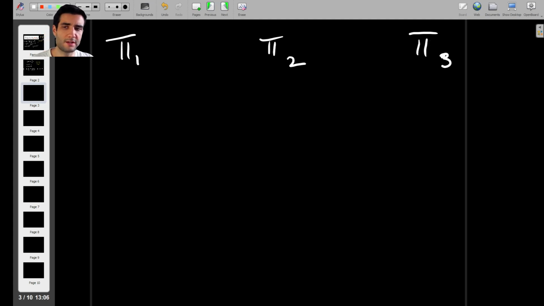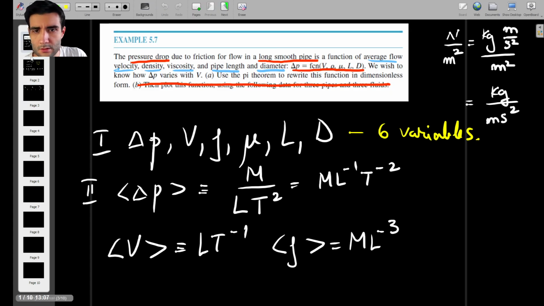So at this point, we just have to decide what we're going to include in each pi group as the main variable, and then the rest of them are going to be repeating variables. So let's say that for the first pi group, we're going to include pressure, or delta P, as the main variable, because that's the thing we're interested in, in a way, right?